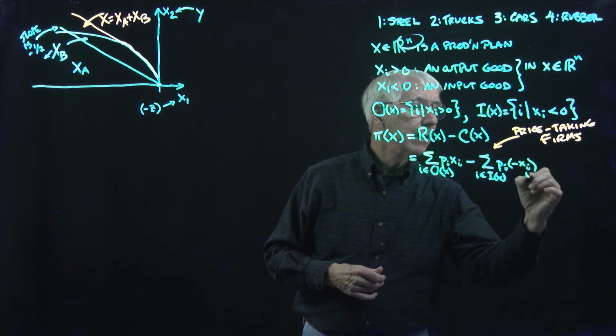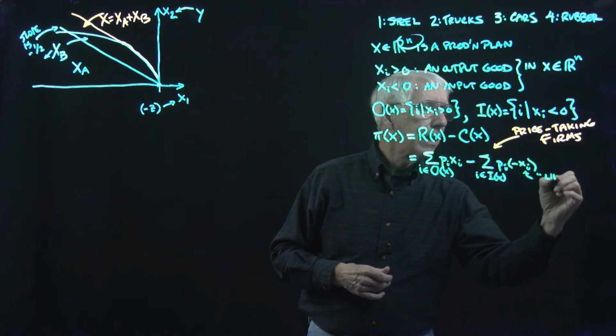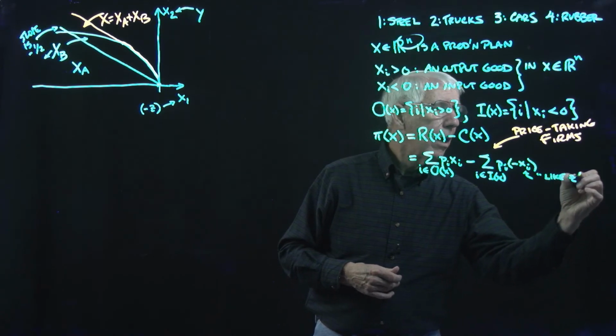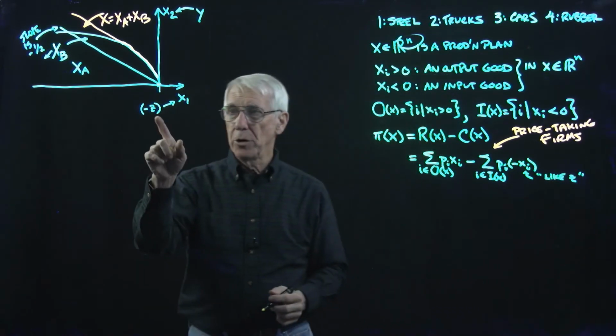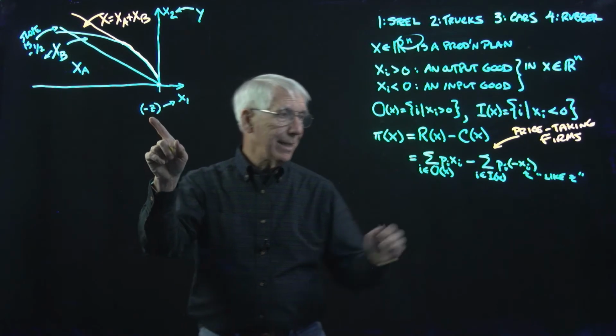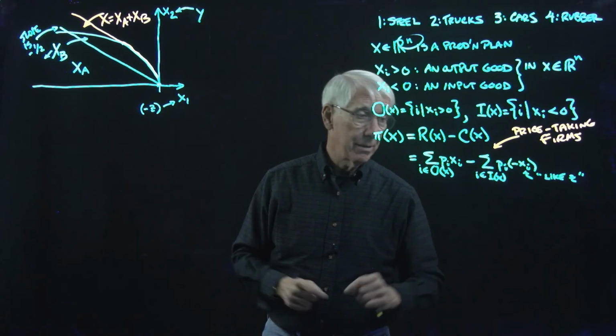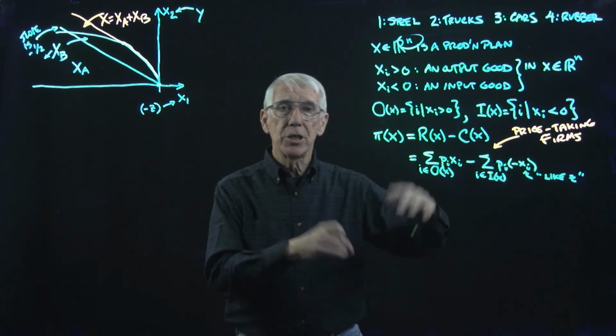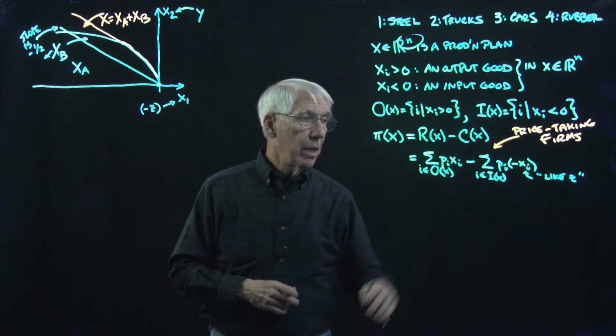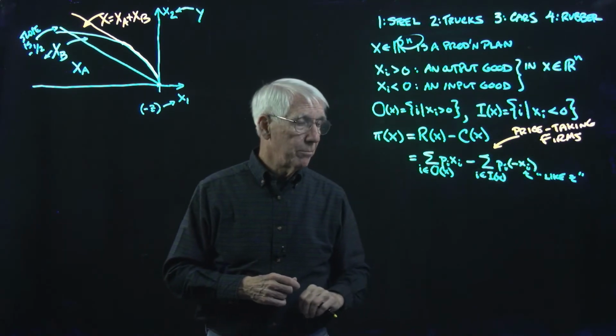So this would be like the z that we had over here. Notice here I had xi is minus z, minus xi is like z. So minus xi is the positive amount of the input being used for input i.